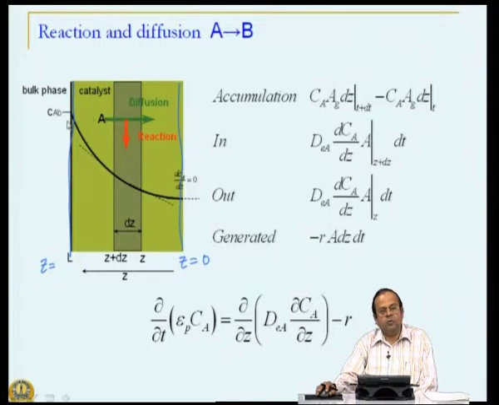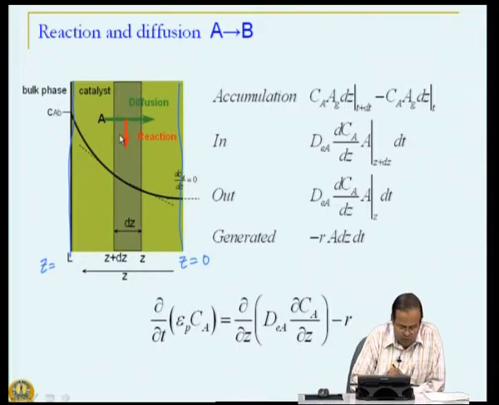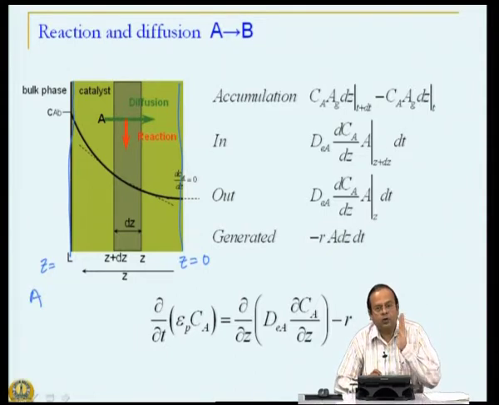What is responsible for movement of this material? There is a diffusion, but along with diffusion there is a reaction also. So, we will have to account for all these processes. So, let us define few terms. For example, our cross sectional area, that is area perpendicular to the flow, is let us say A.